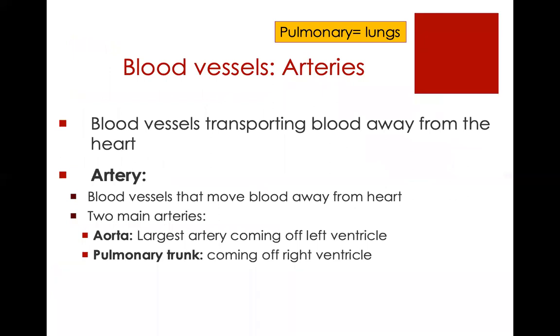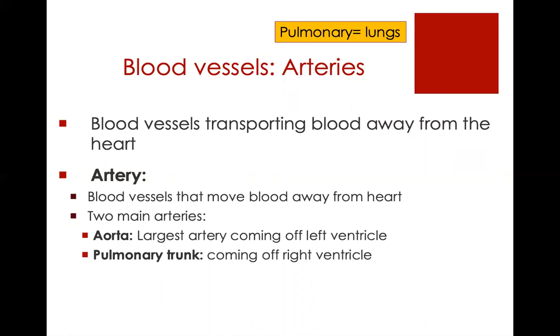Now, for us to understand how blood actually circulates through our body and our heart, we need to be familiar with the blood vessels of your heart or your body in general. We already covered some terminology earlier, but I'm going to introduce the words again and associate a specific function with them.